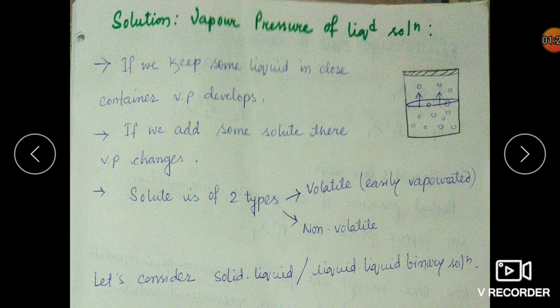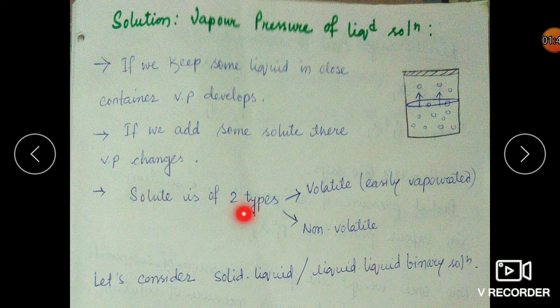If you have taken volatile solute, they are easily vaporized, so in that case the vapor pressure above the solution will increase. But if you have taken some non-volatile solute, then it will occupy the surface space but it will not go to the vapor phase, and hence your vapor pressure will decrease. So depending on the solute, the vapor pressure might increase or it might decrease.